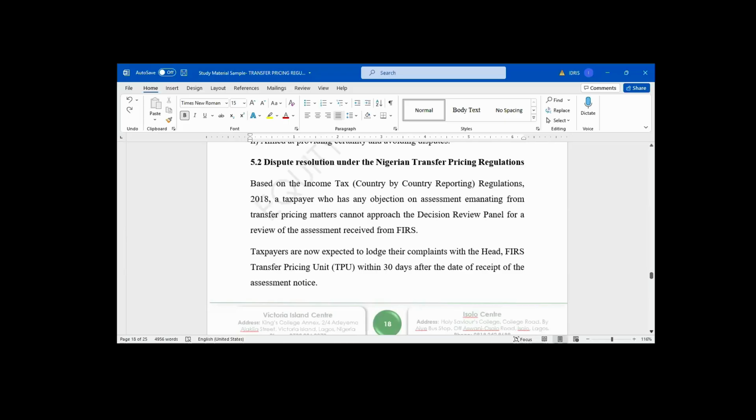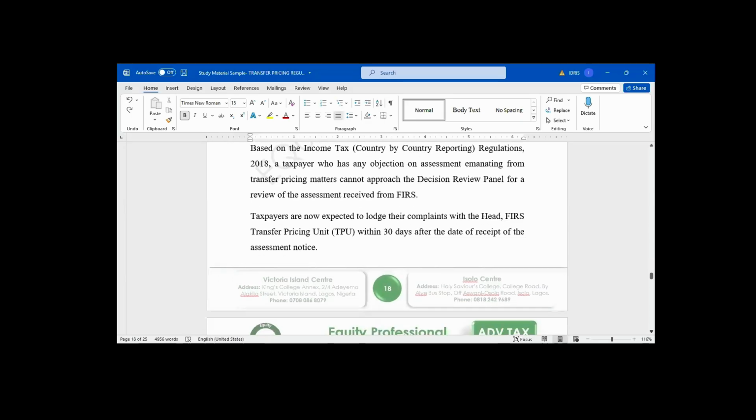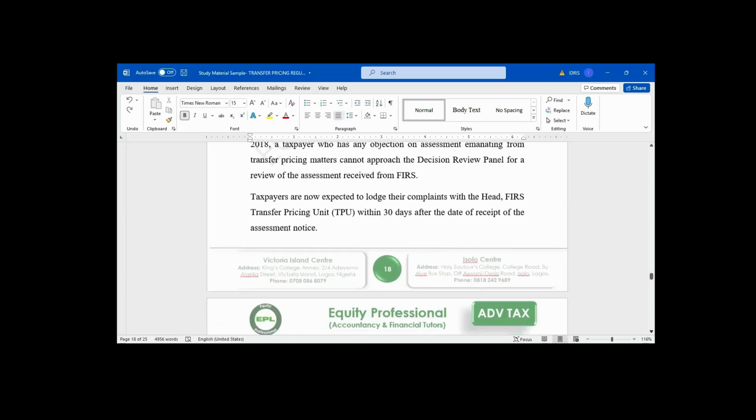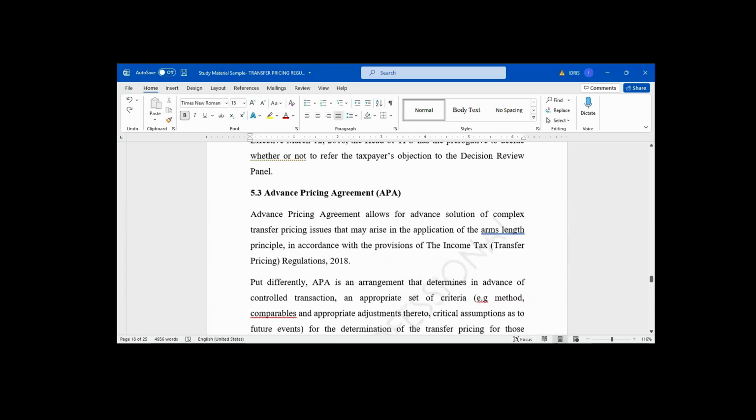First, you have the option of visiting the transfer pricing review panel to review the assessment given to you by FIRS. Second, you also have the option to lodge your complaint to the transfer pricing unit within 30 days from the date you receive notice of assessment.